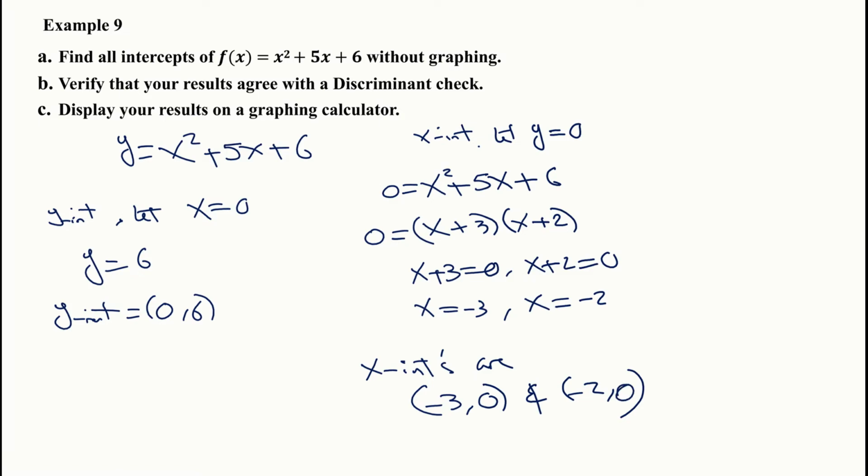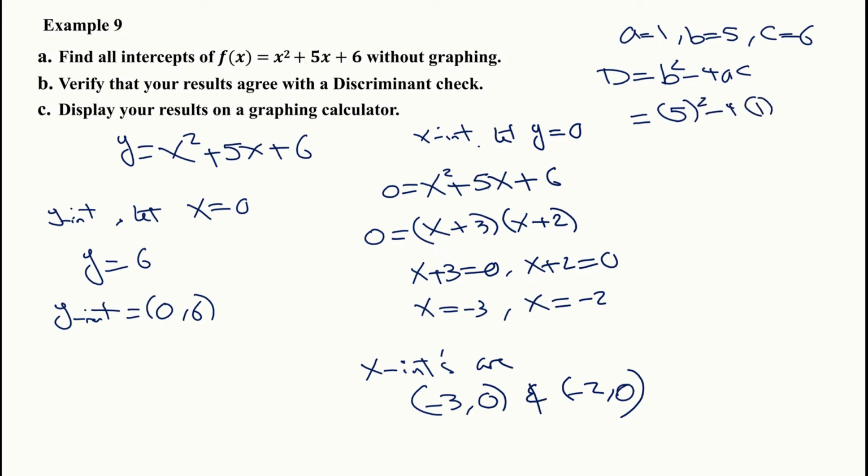Now we're asked to verify the results with a discriminant check. So remember, here we have a equals 1, b equals 5, and c equals 6. So the discriminant, which is b squared minus 4ac, is going to be 5 squared minus 4 times 1 times 6, right?